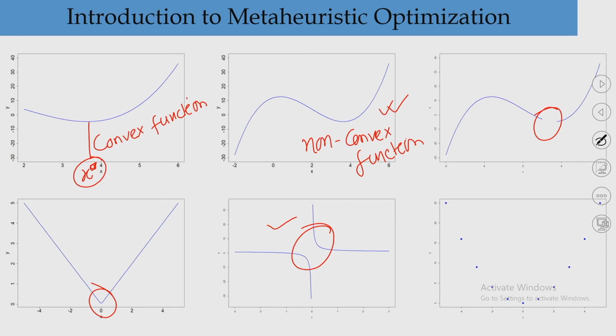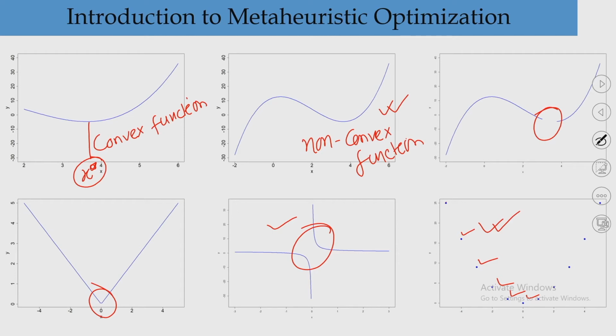Okay. And this one, you have a discrete search space. So, the solution can be here, here, here, here, or here. So, this is not a continuous function. So, you will not be able to apply the classical optimization technique or gradient based classical optimization technique for finding the optimal solution of this particular problem, because this is discrete in nature.